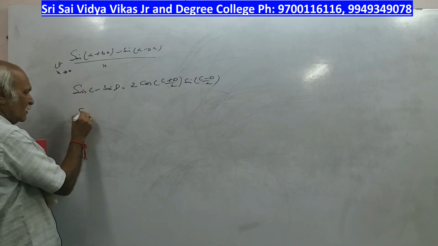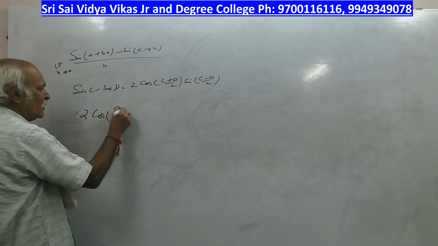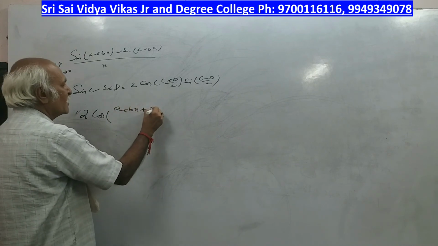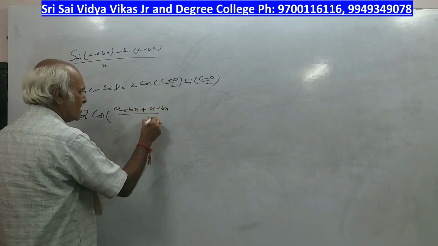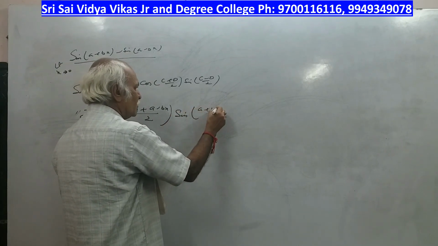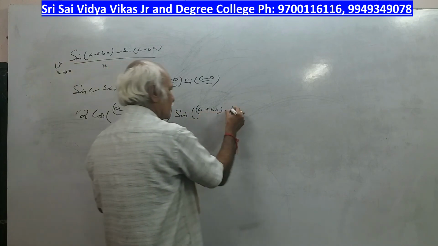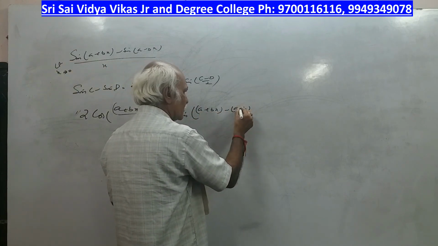Here c means a plus bx and d means a minus bx.